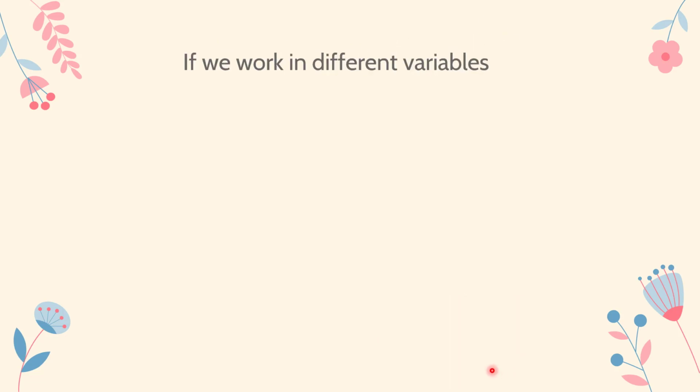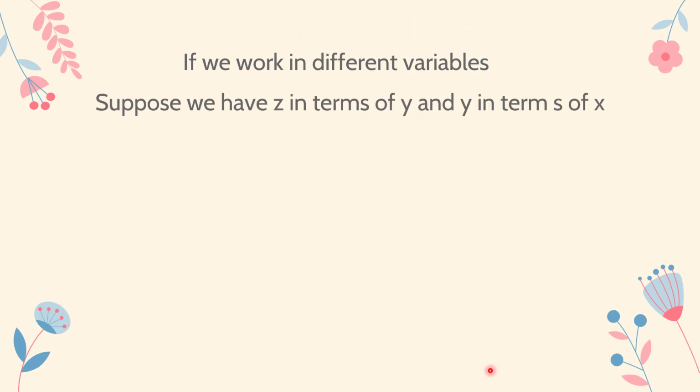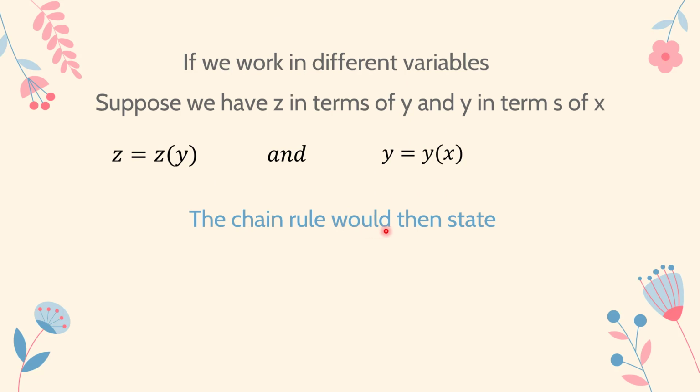Now, if we work in different variables, suppose we have z in terms of y and y in terms of x. Here, z is a function of y, and y is a function of x. So the chain rule will state dz/dx: if we need to differentiate z with respect to x, we differentiate z with respect to y first, and then we continue to chain with the differentiation of y with respect to x.